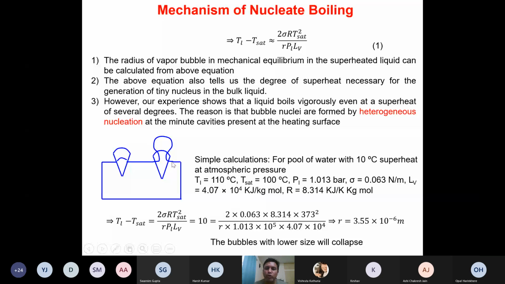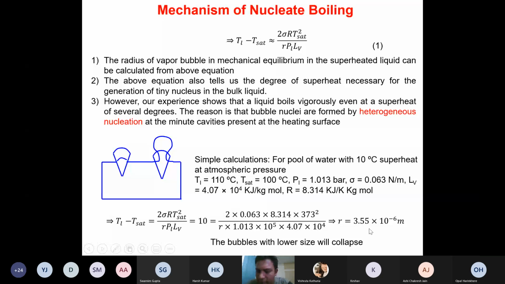So we can put all these values in this particular equation and find out what will be the radius of the bubble which is going to get formed for the homogeneous nucleation. If we put all the values here, R comes around 3.55 x 10^-6 meter.